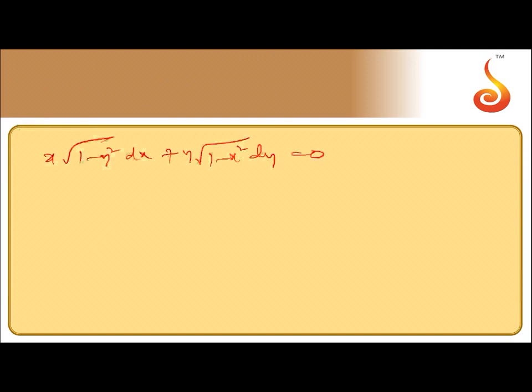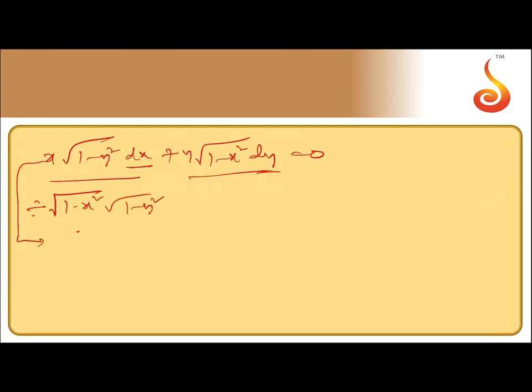While solving it, why can't you bring the variables to be separated? As dx is there, bring the x terms to the left hand side, and the y terms with dy. So we divide by root of 1 minus x square and root of 1 minus y square together. Then you get x divided by root of 1 minus x square into dx, plus y divided by root of 1 minus y square into dy is equal to 0. Now the variables have been separated.